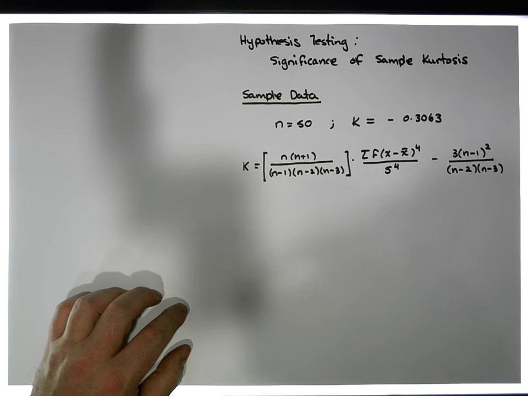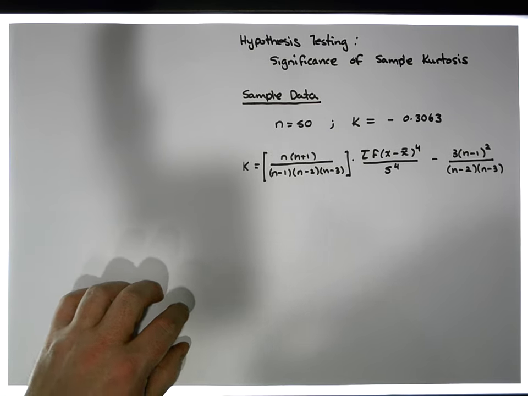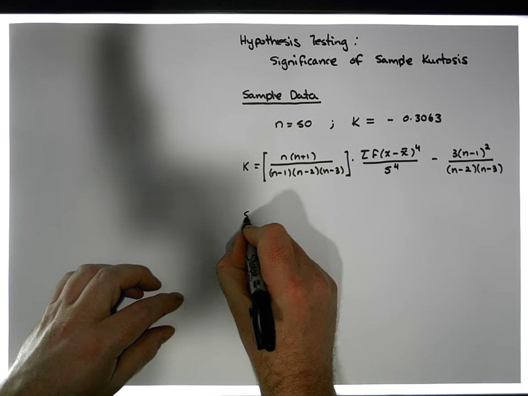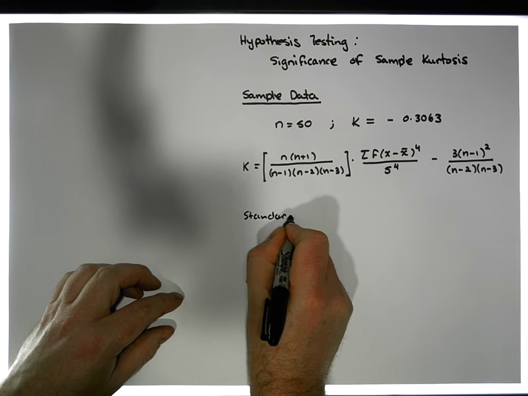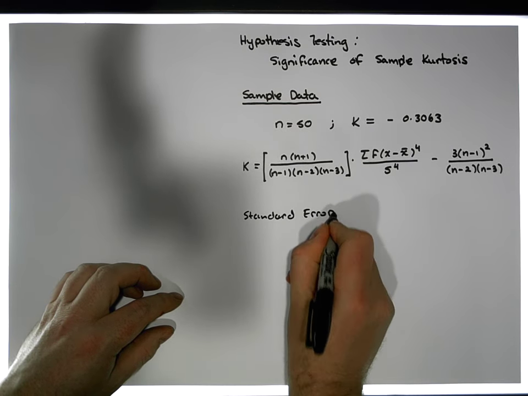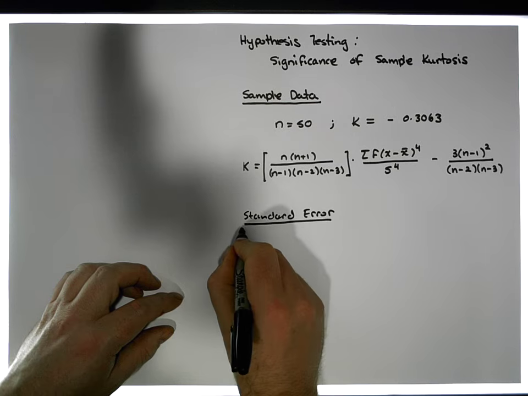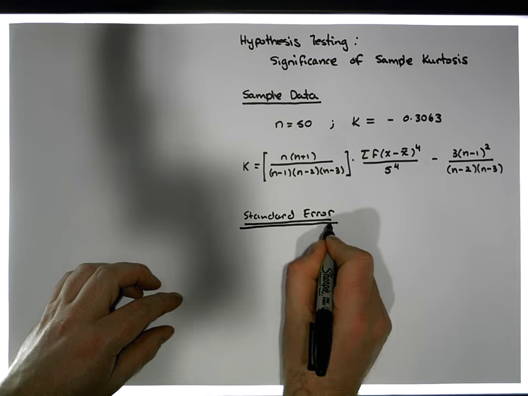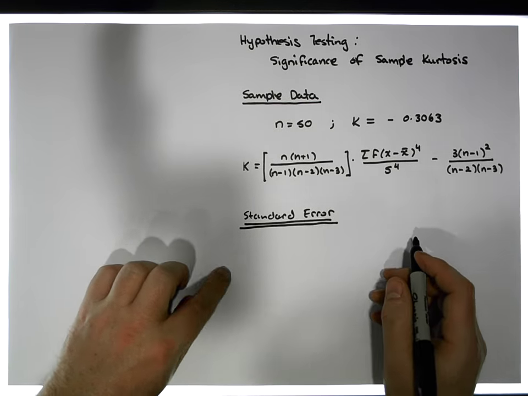We're going to need a standard error. We'll need a standard error for kurtosis, and we have a formula for that. The standard error formula is still quite simple. It uses the sample size.